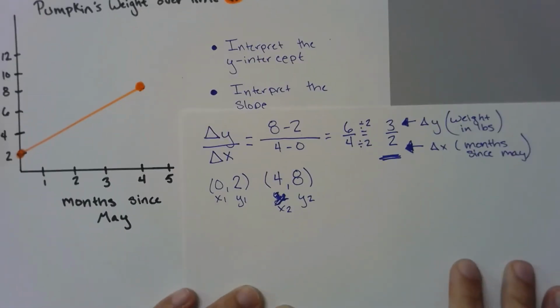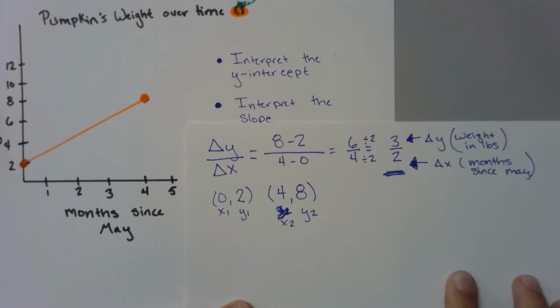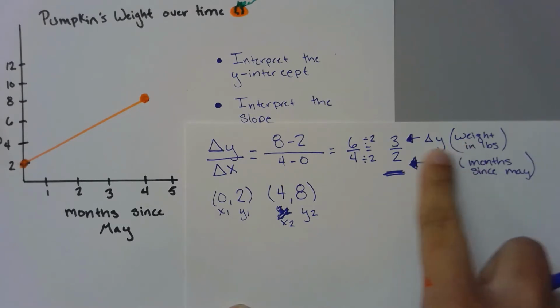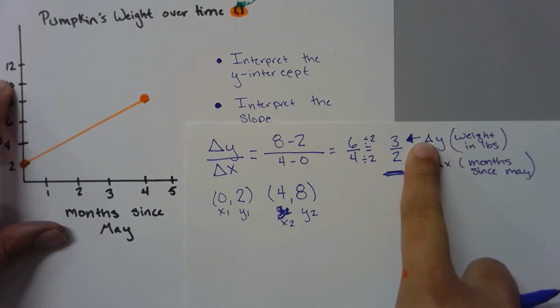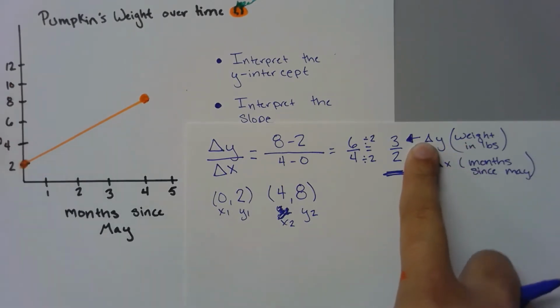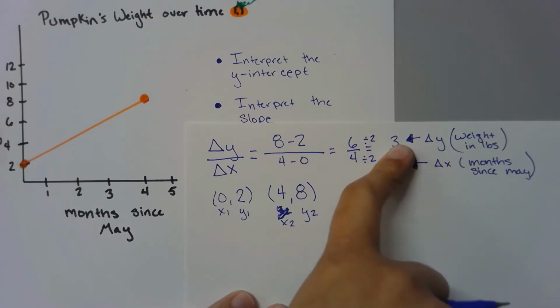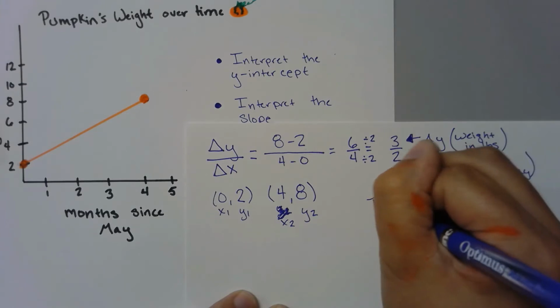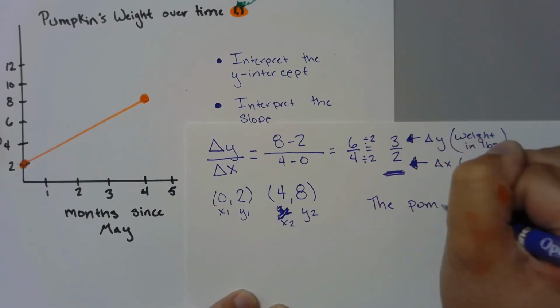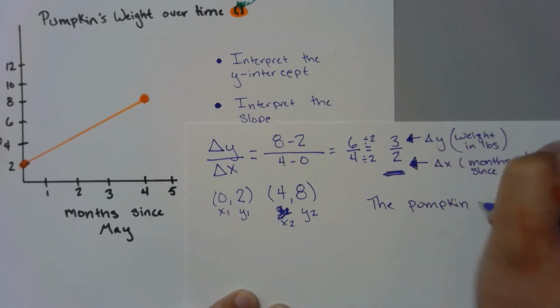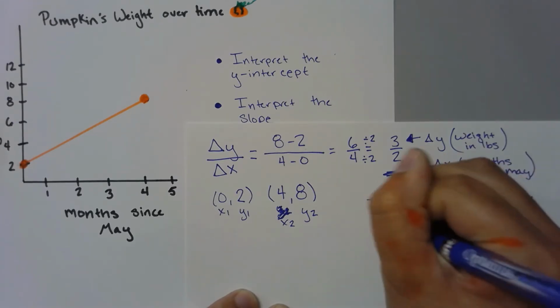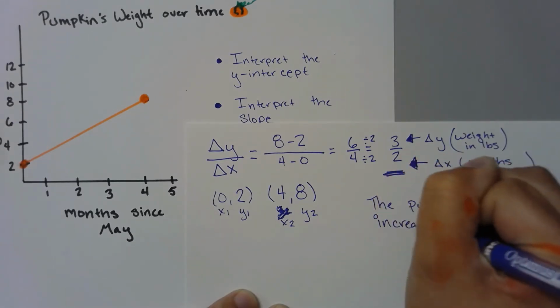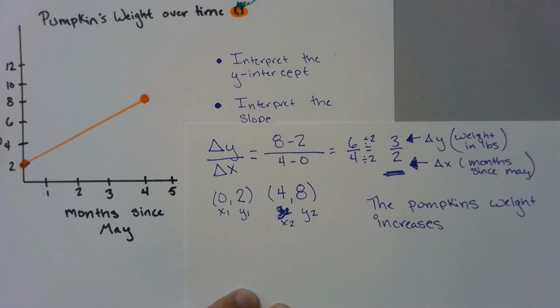So if I'm looking at this change in y over change in x, it's very clear to me that, hey, since this is my y values and my y-axis is looking at weight, then this 3 represents a positive 3 change in the weight of the pumpkin. So the pumpkin's weight increases, because when we're talking about slope, we're talking about change.